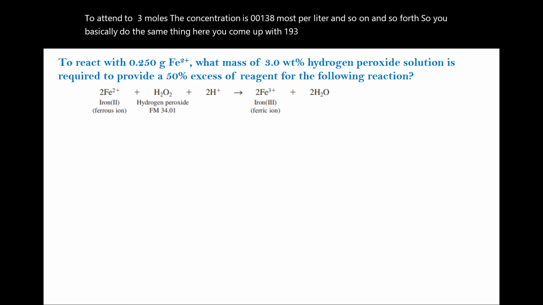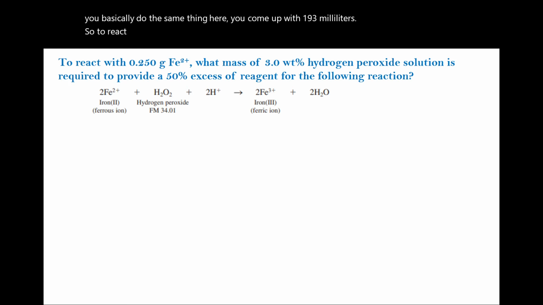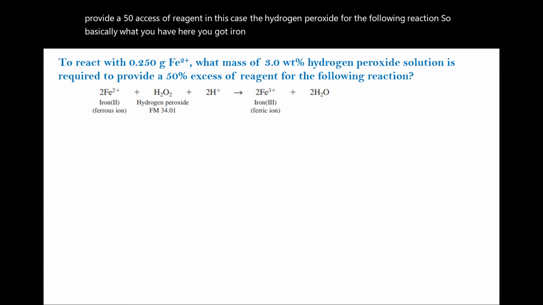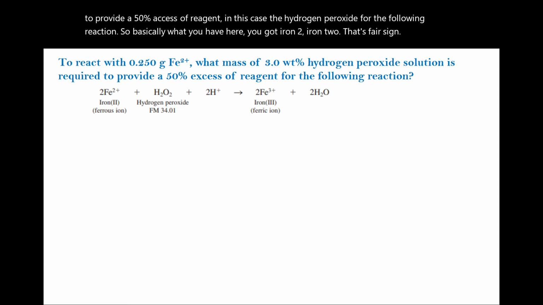So to react with 0.250 grams of iron(II), what mass of 3% hydrogen peroxide solution is required to provide a 50% excess of reagent, in this case the hydrogen peroxide, for the following reaction. So what you have here is iron(II), that's ferrous iron, which reacts with hydrogen peroxide.